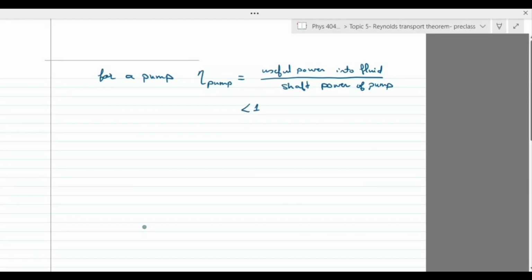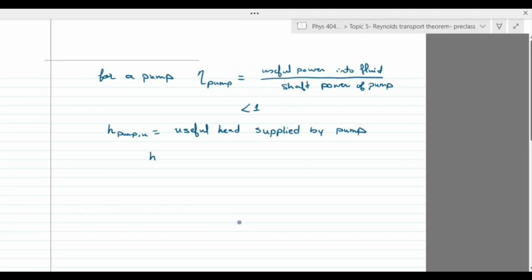And now I'm going to define H pump U. This is going to be the useful head supplied by a pump in my control volume. And this will substitute the W dot shaft that I had in my equation.